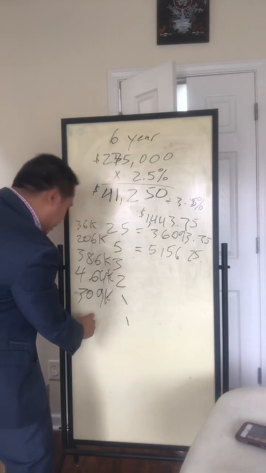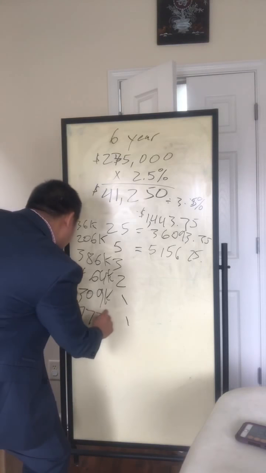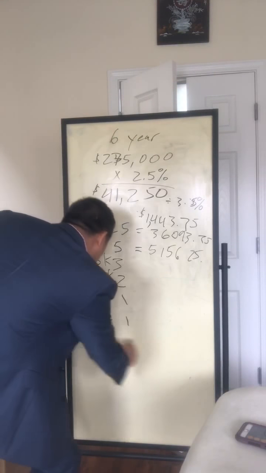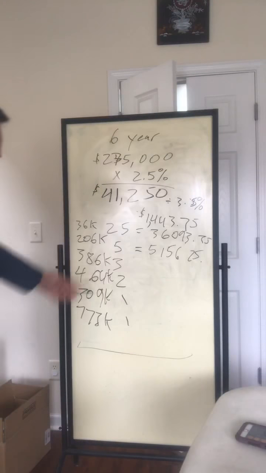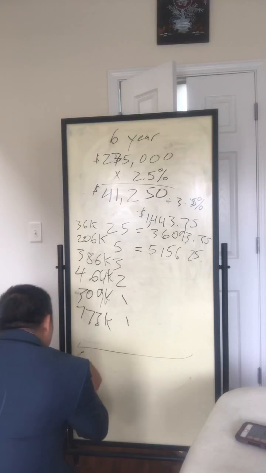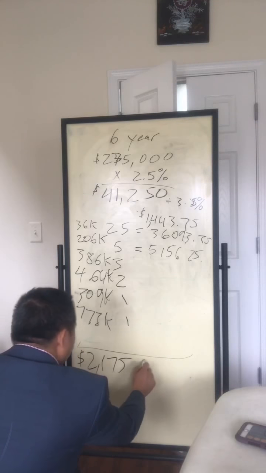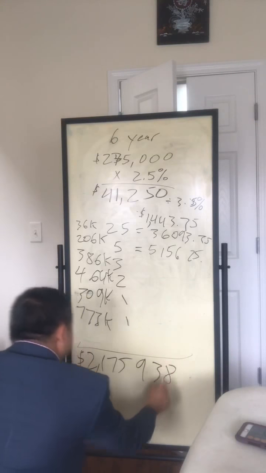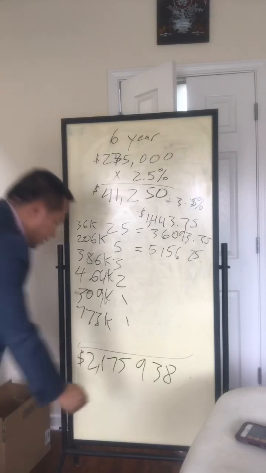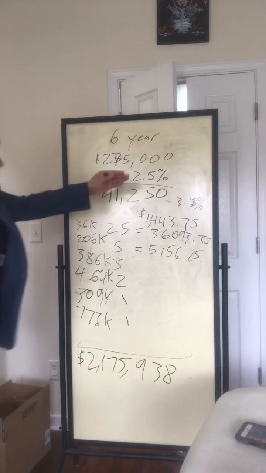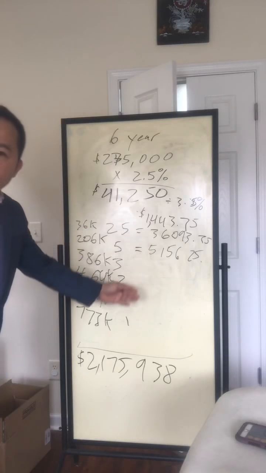And over here is 773. So the total in here, if I'm not wrong, is $2,175,938.